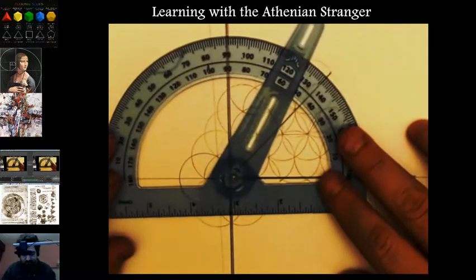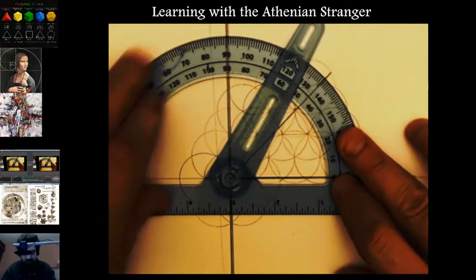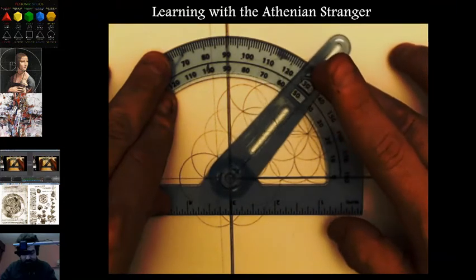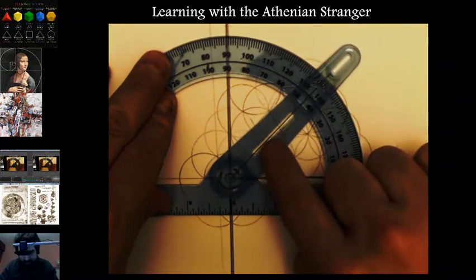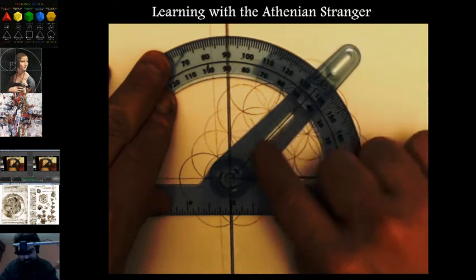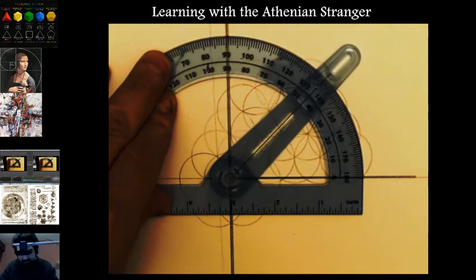If I put my protractor back on the origin and make sure that everything's nice and straight, then you'll see right inside this little opening that line, and that's on 45 degrees.